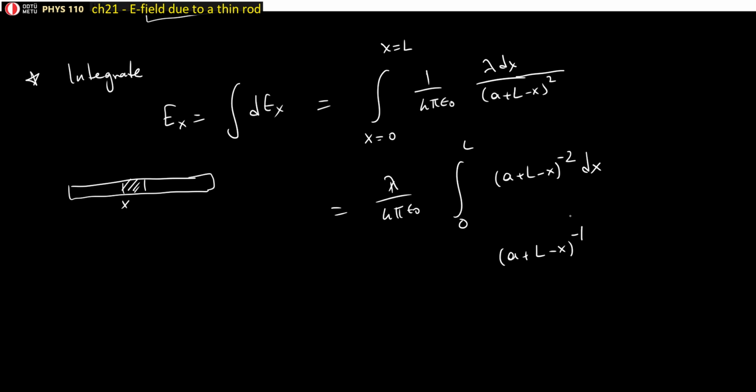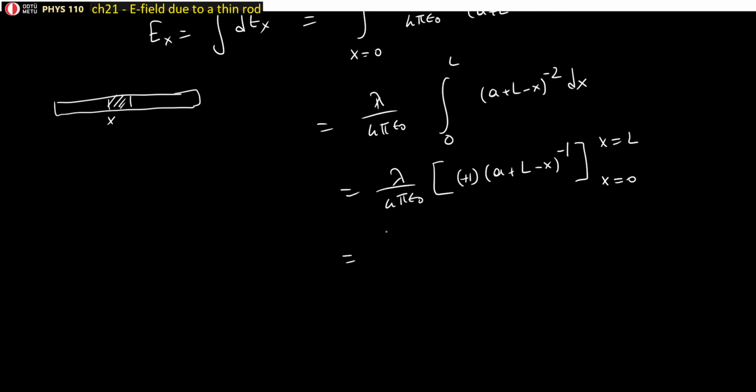That means I get minus 1 multiplied with the coefficient of x in here, which is plus 1. So the coefficient in here is equal to plus 1. So that's the integral. I have to evaluate this between x equals L and x equals 0.